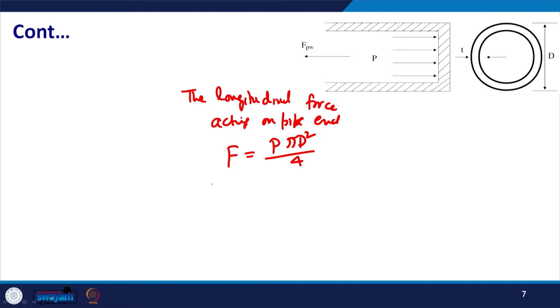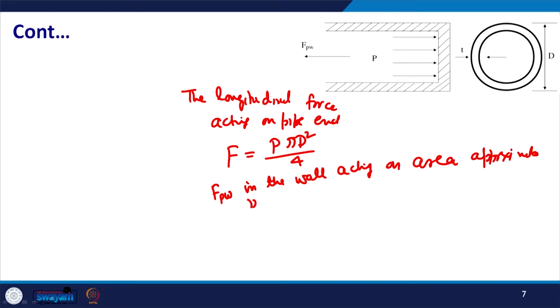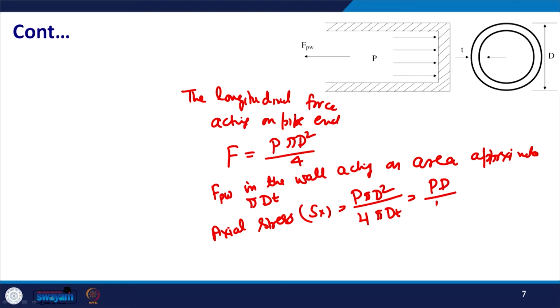The longitudinal force is equilibrated by the force in the wall acting on an area approximated by pi d t. So, axial stress Sx is equal to P pi d square upon 4 pi d t, and that is equal to Pd over 4t, that is equation number 2.